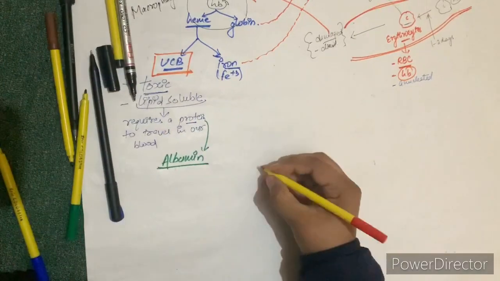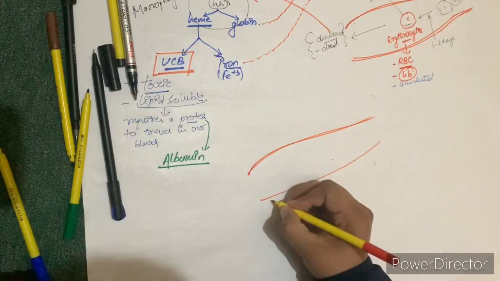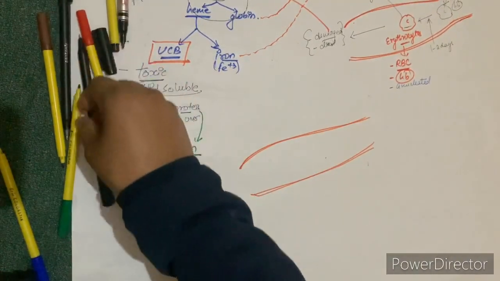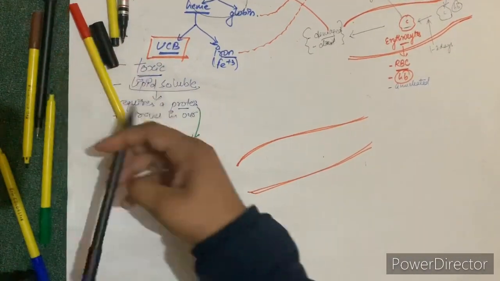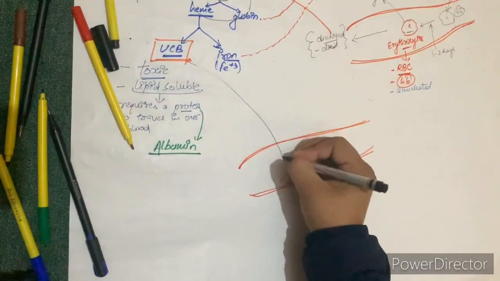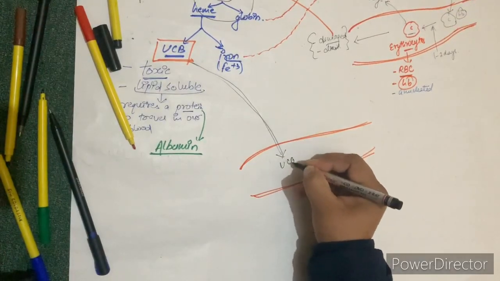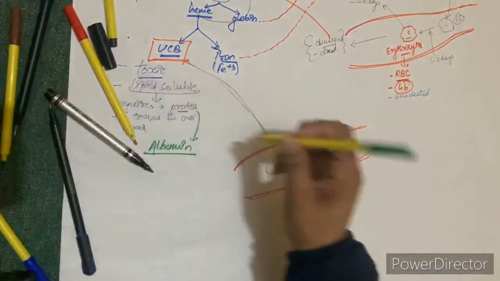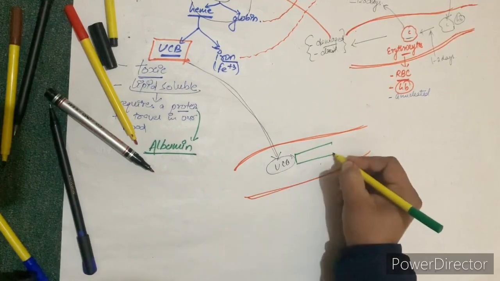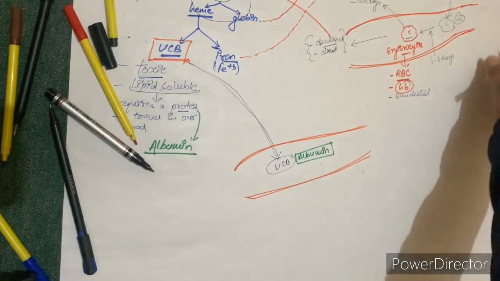Here I draw a blood vessel. This unconjugated bilirubin goes into the blood, and here albumin is attached to it.